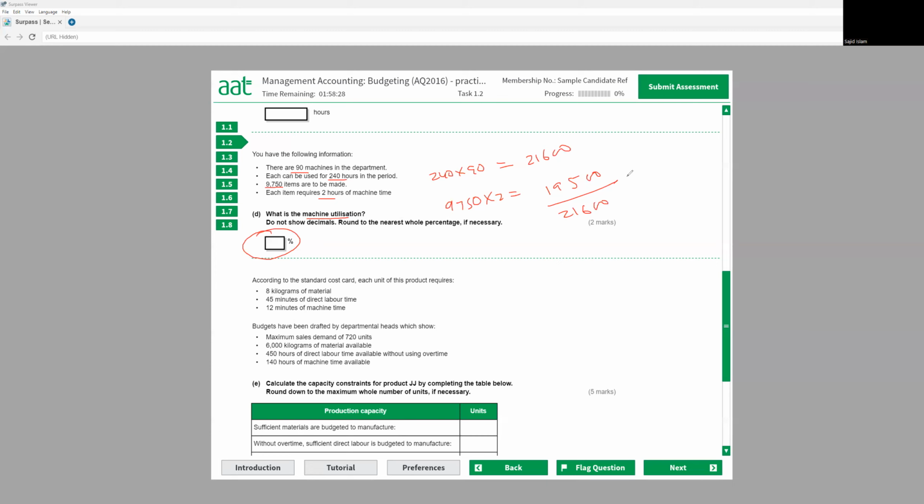So what is the utilization? 19,500 divided by 21,600 times 100. The reason it is times 100 is because we want to show it as a percentage. So it shows 90.2%, but rounded to the nearest whole number it's 90%. So we have 21,600 hours available, but currently we are using only 19,500. So we are using 90% of the capacity.